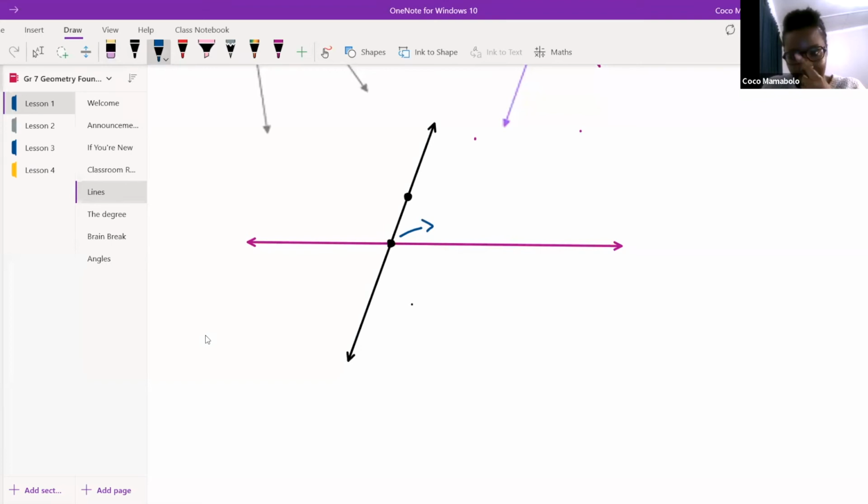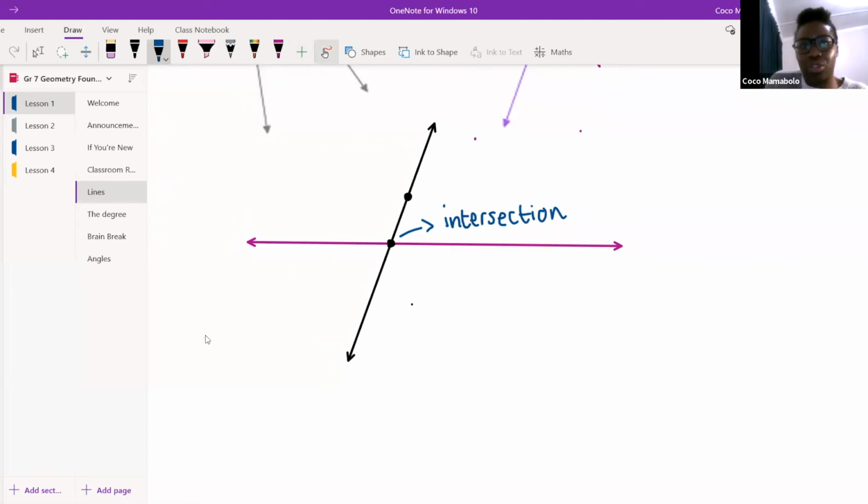I don't know, ma'am. Oh, remember we talked about it. We said it's an intersection. Oh, okay. Called an intersection. So when they meet only once, we call it an intersection.